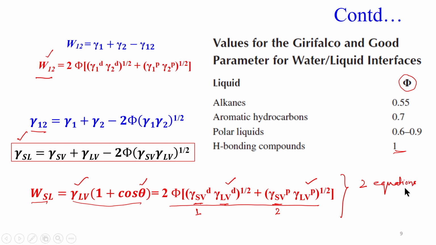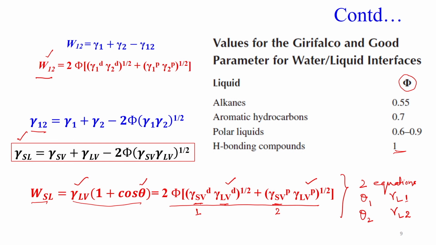So, we have to measure the contact angle of at least 2 liquids. One liquid will have contact angle theta 1 and the other will have contact angle theta 2; one liquid will have gamma L1, its surface tension, and the other will have gamma L2, the surface tension of the other liquid.